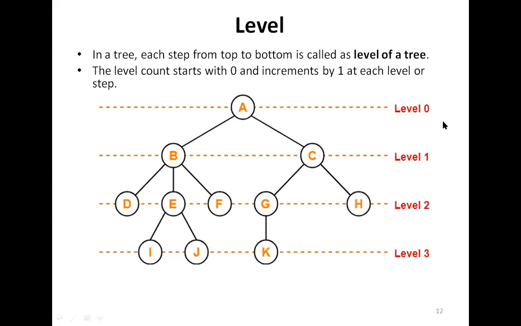So root is at level 0, and then the next level is level 1, then level 2, like this. This is known as level. Is that clear?